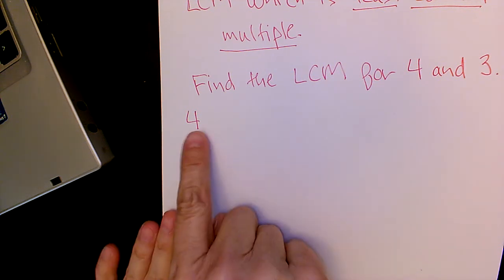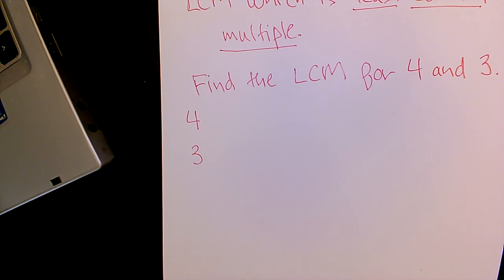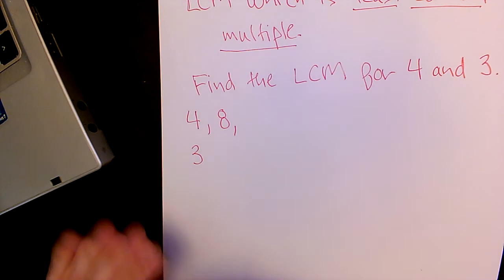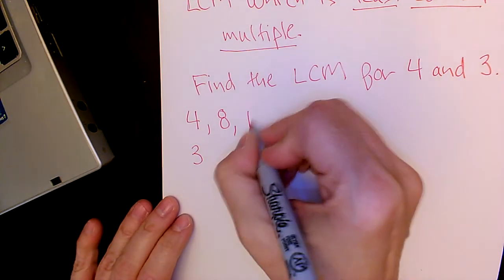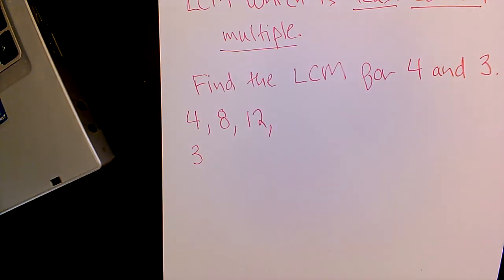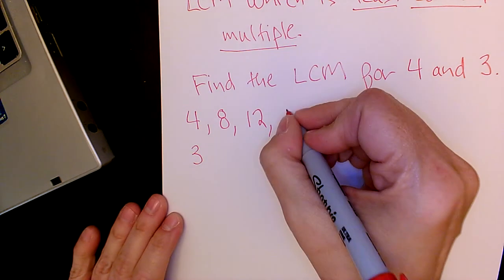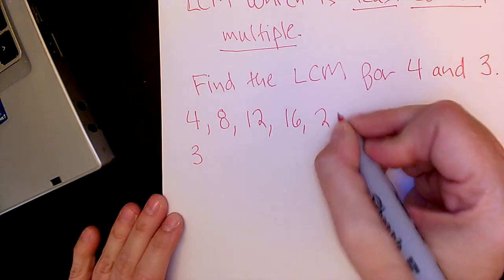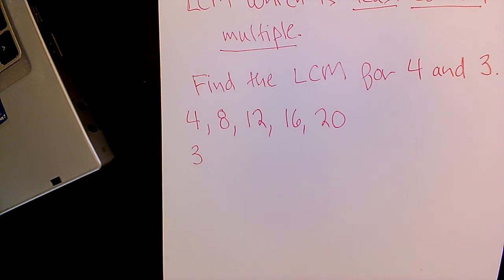Since we're working with 4, 4 times 1 is 4, 4 times 2 is 8, 4 times 3 is 12, 4 times 4 is 16, and 4 times 5 is 20. Just take it out a little bit, maybe out to 5, and then stop and see if you get a match. If not, we can always keep going.